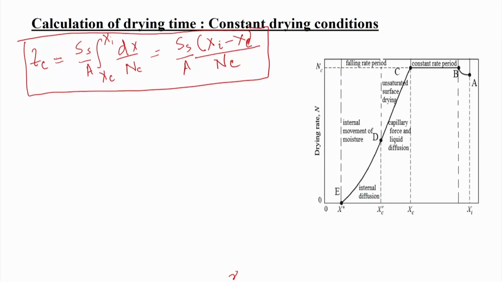Now, we are more interested in the falling rate period. I told you in the beginning that in the falling rate period, suppose it is the first falling rate period, then it is the second falling rate period.